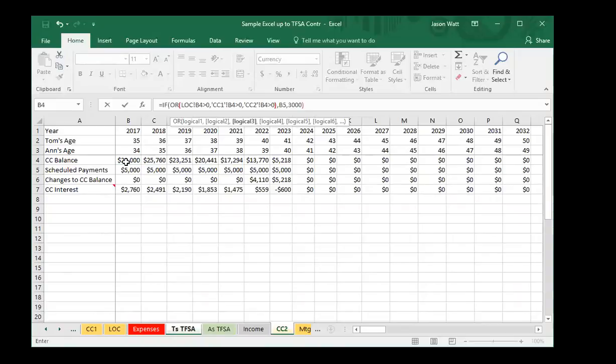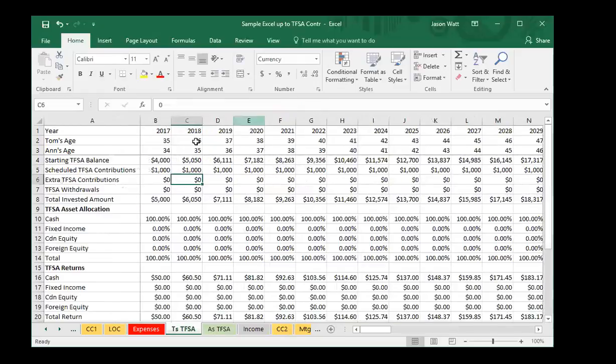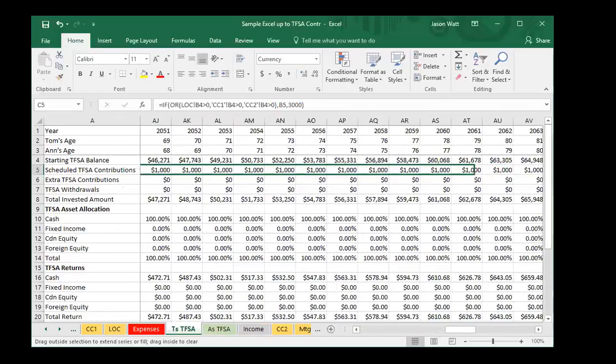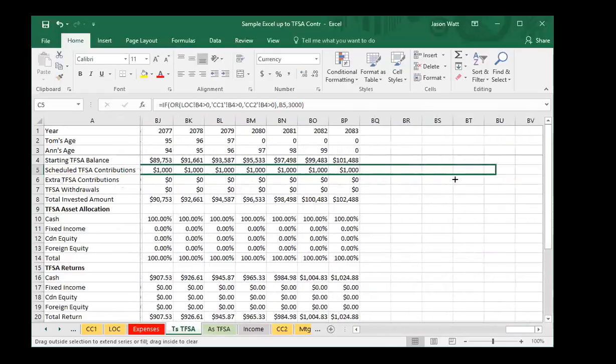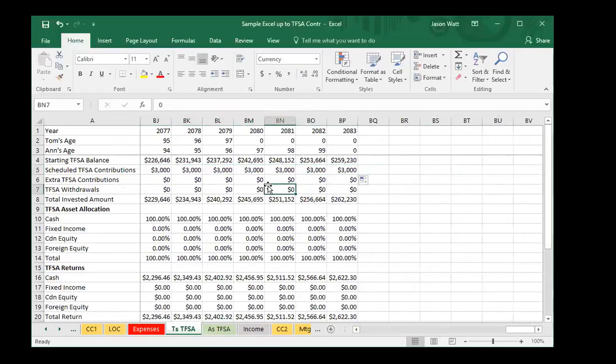So now I have this whole string of or conditions. So I got if, and the logical test is if any of those things, or you can do the same thing with and, which means they all have to be true, then we're going to use B5, and if not, we're going to use 3,000. And 3,000 is just a number that I made up to represent what we would do if those are all paid off.